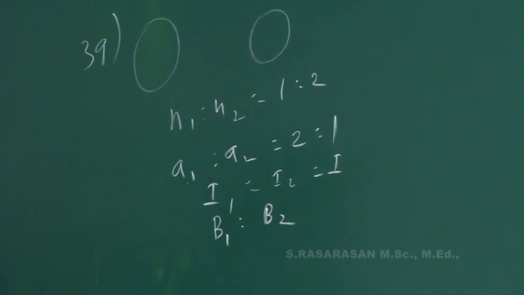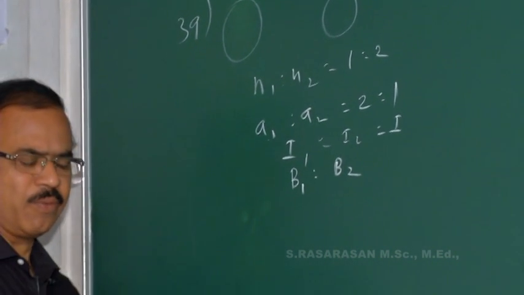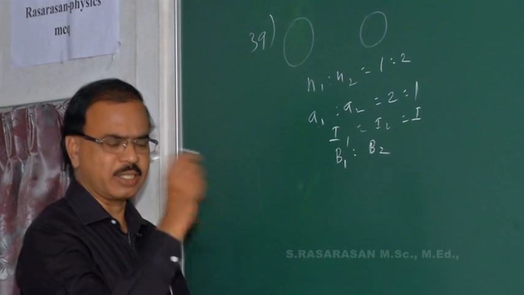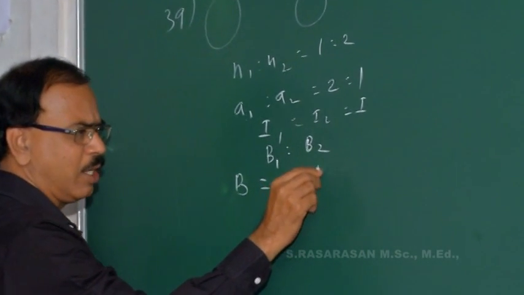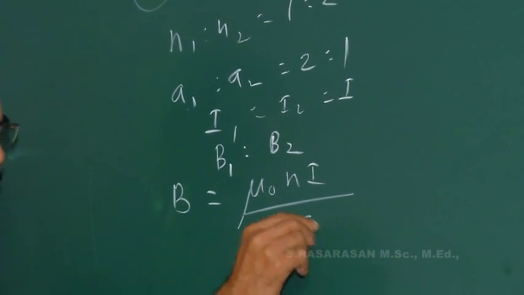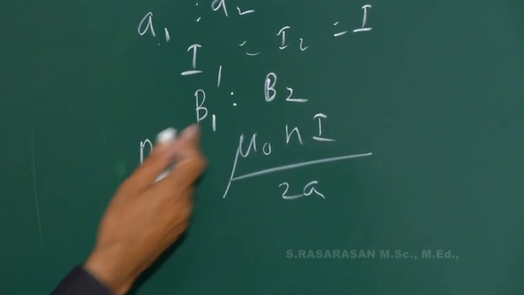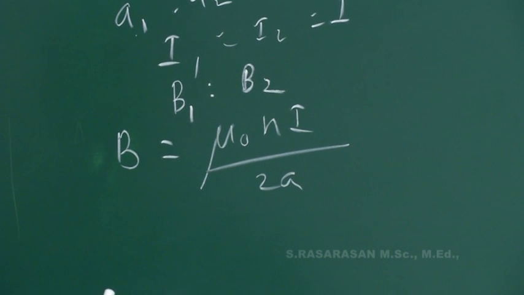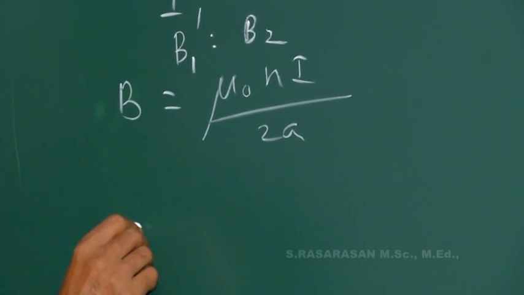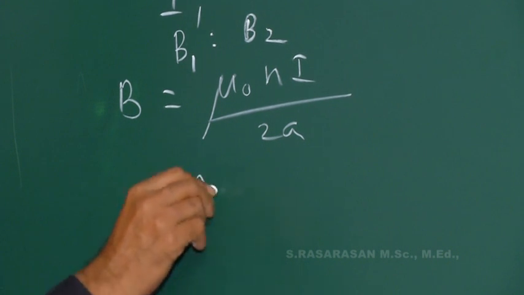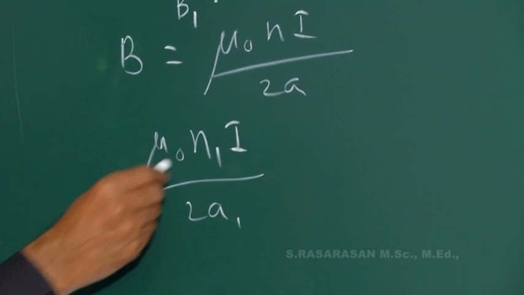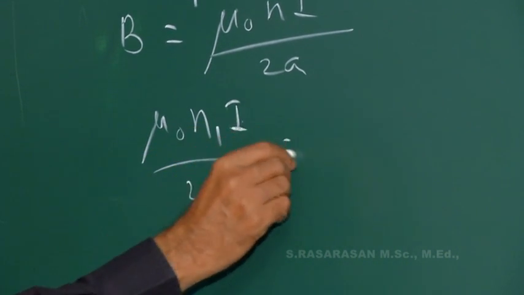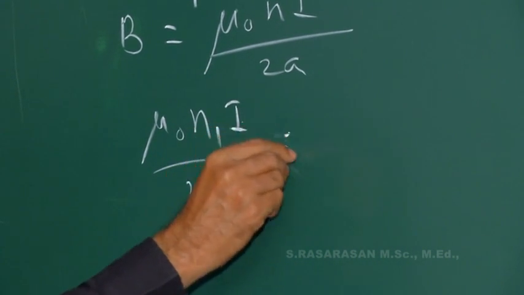In the previous problem, the current flows through the circular coil. At the center, the magnetic field produced is given by the formula mu naught N I by 2A. That was the 38th sum. So now they are asking the ratio. For the first one, B1 is mu naught N1 I by 2A1, and I is the same.